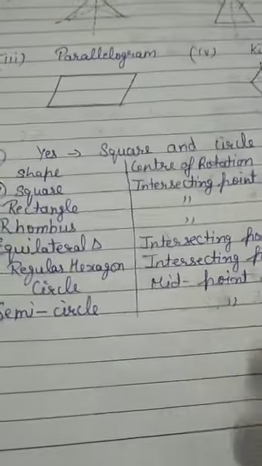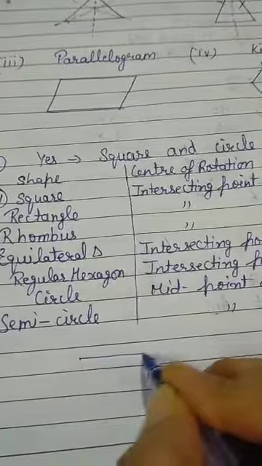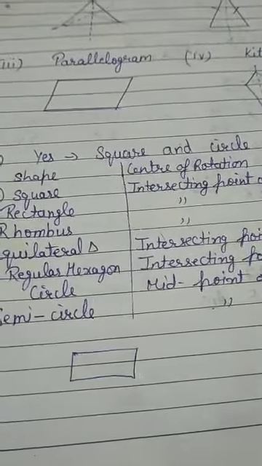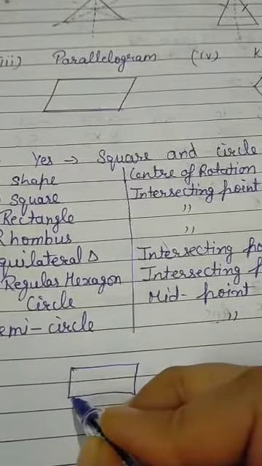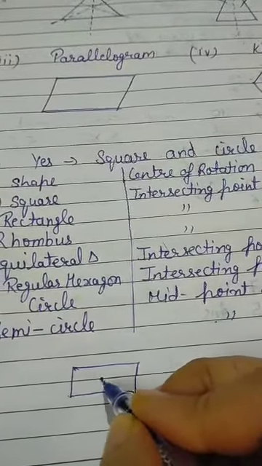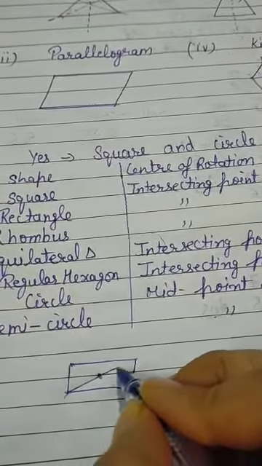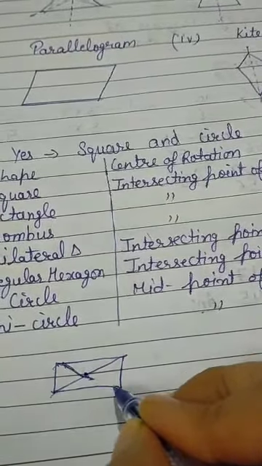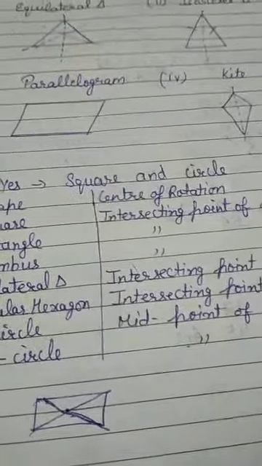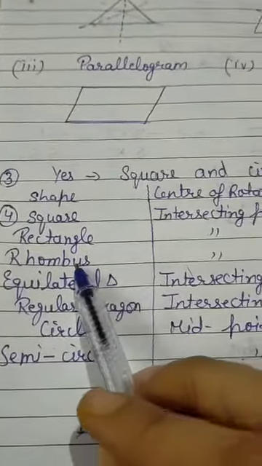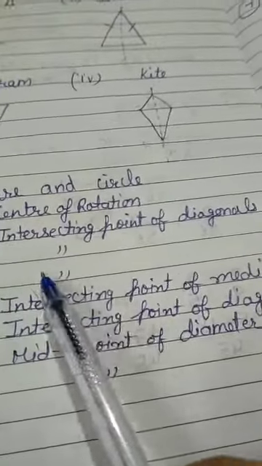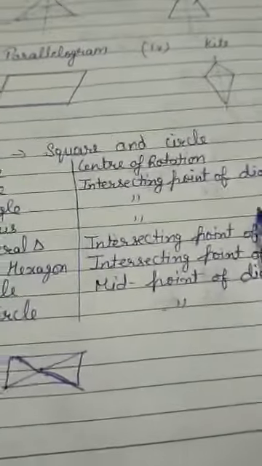Right? Like this. If this is a rectangle, so where will the center of rotation come? Here. It is called the intersection point of diagonals. Okay? In a rhombus also, where will the center of rotation come? Intersecting point of diagonals.